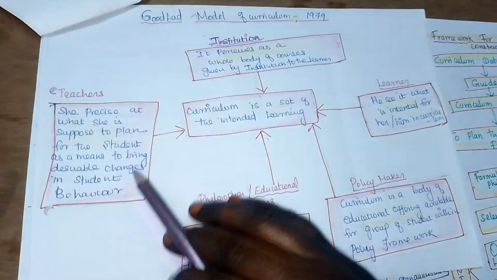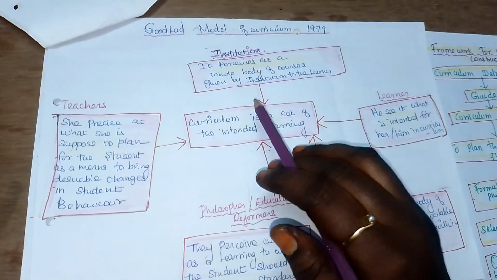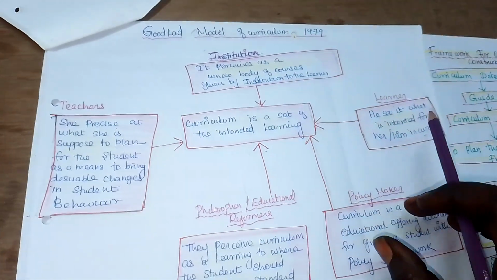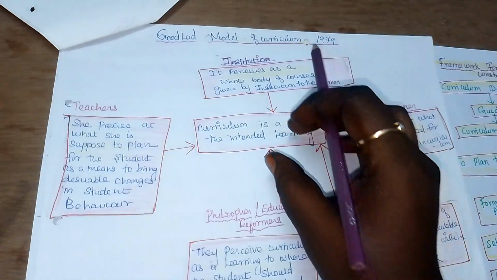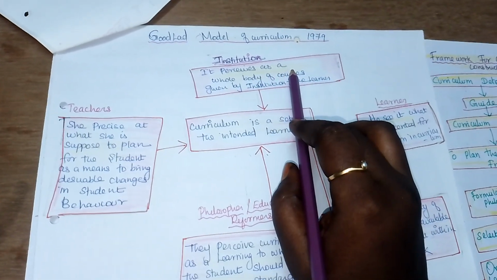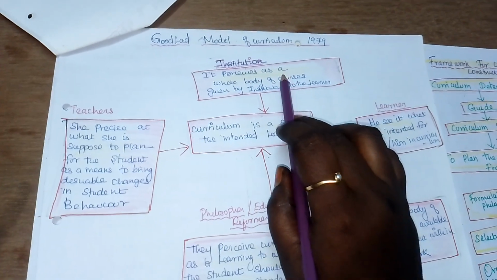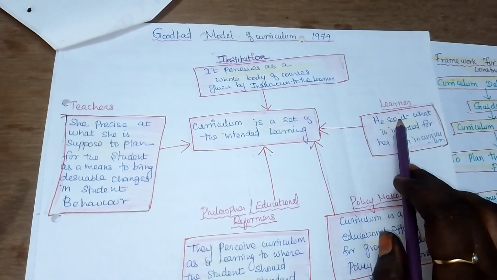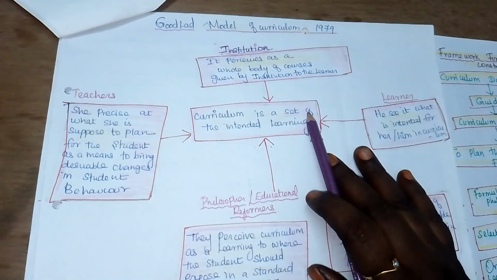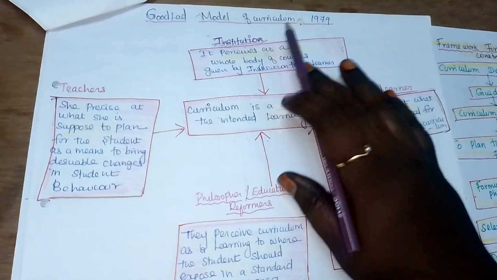The institution is the one which gives the opportunity, what is written by the policy maker and what is intended by the INC, the institution provides the opportunity for everything. To whom? To the learner. So the learner accepts what she is supposed to do, what he has to learn. So it's a beautiful model, which is explained by the Goodlad model.